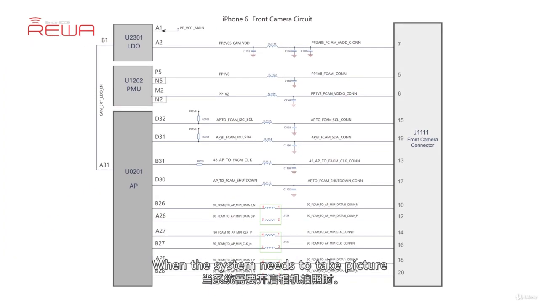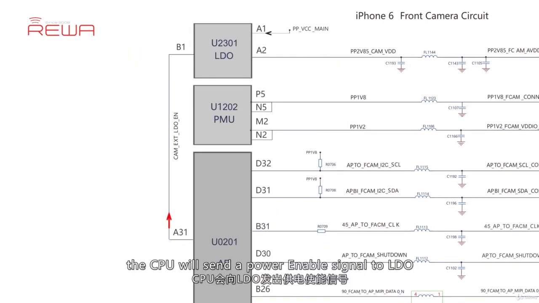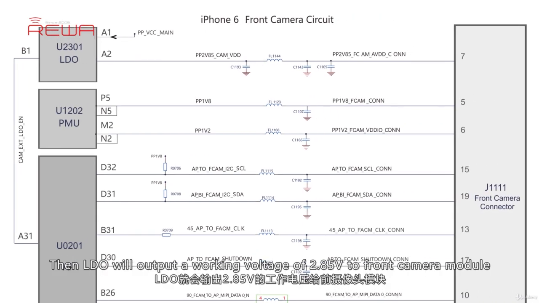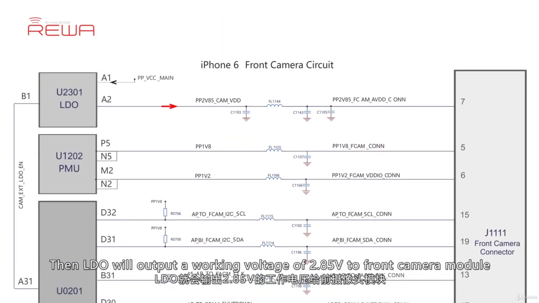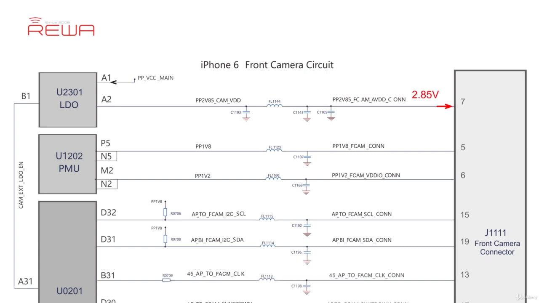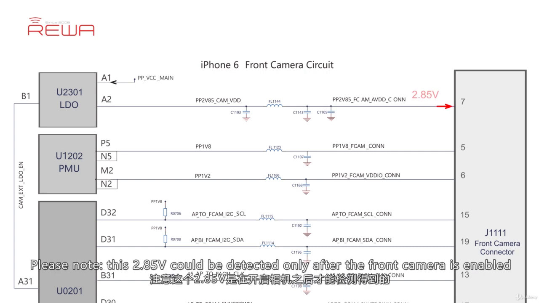When the system needs to take a picture, the CPU will send a power enable signal to the LDO. Then the LDO will output a working voltage of 2.85 volts to the front camera module. Please note, these 2.85 volts can be detected only after the front camera is enabled.